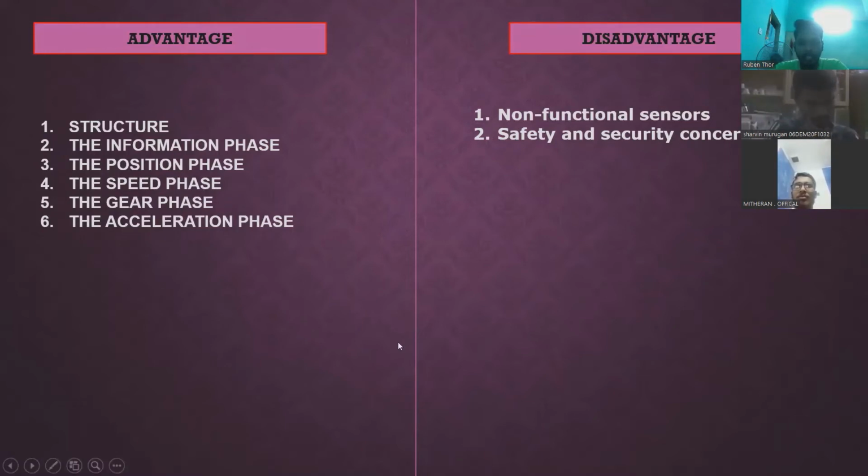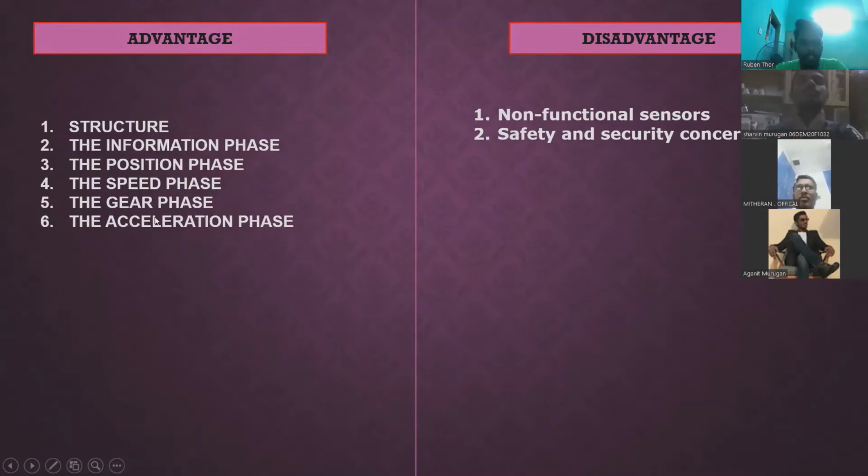The position of the car, for instance the lane, should always be changed when the driver experiences a loss of visibility. The fourth one is the speed phase. The speed is one element which is changed constantly throughout the trip. It also works hand in hand with position.